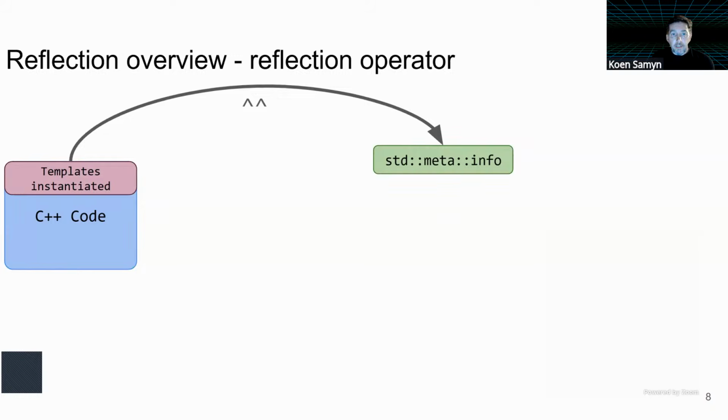But the main thing is you reflect something, it can be an object, a type, whatever, and you get a std::meta::info object back. This is an opaque object, which means that basically everything inside of this object is hidden, and you call functions on this object to get something else. So for example, for a struct, this might be the data members of the struct.